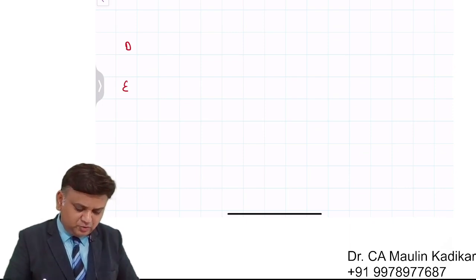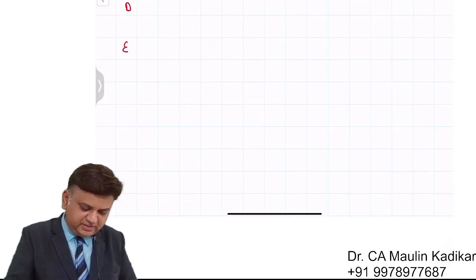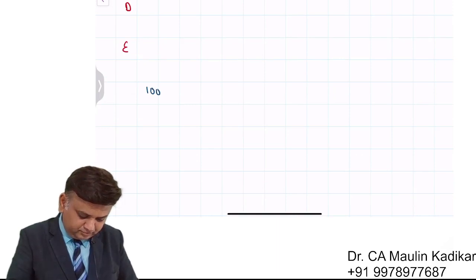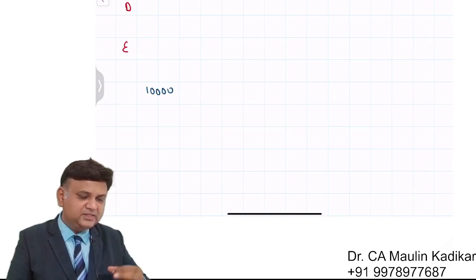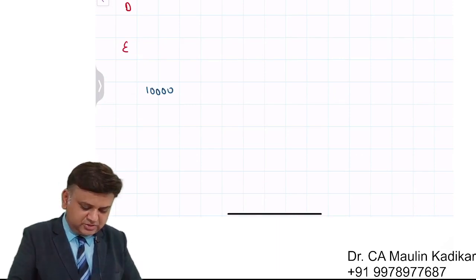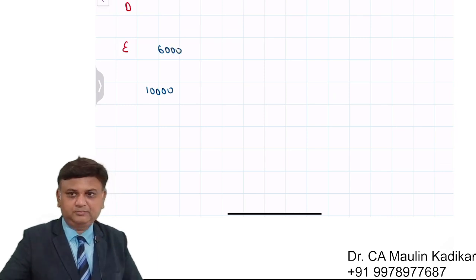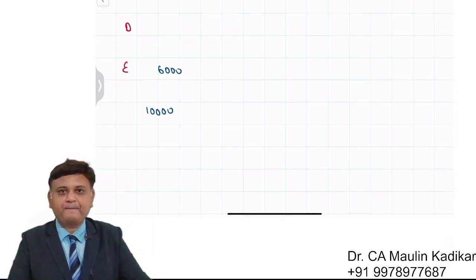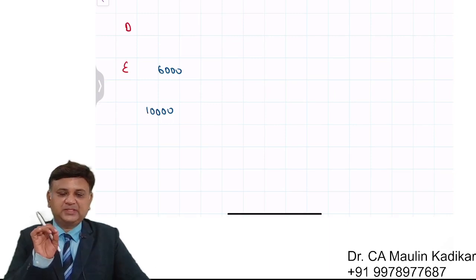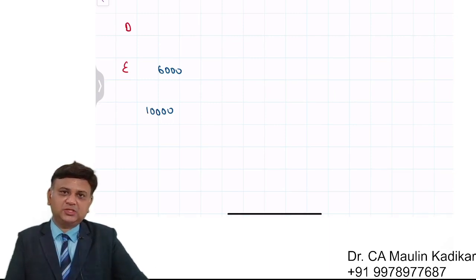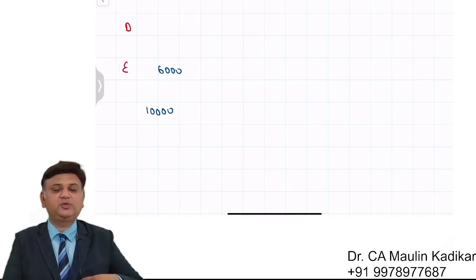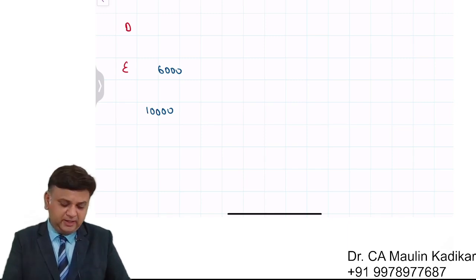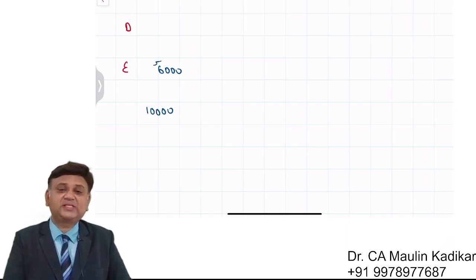Suppose the company wants to make capital investment of 10,000. Then 60% of 10,000 comes to 6,000. So new issue is not required to be made. Why? Because 6,000 is within 60,000.